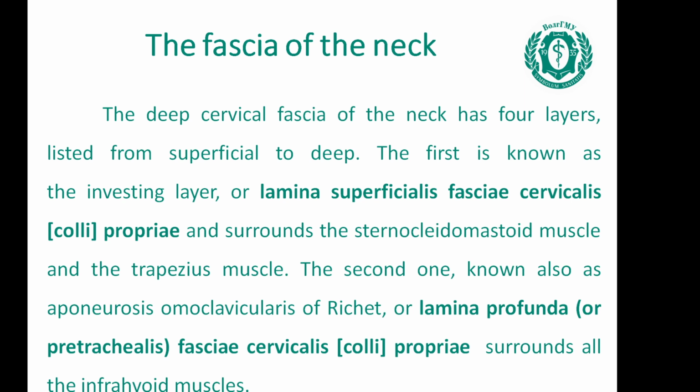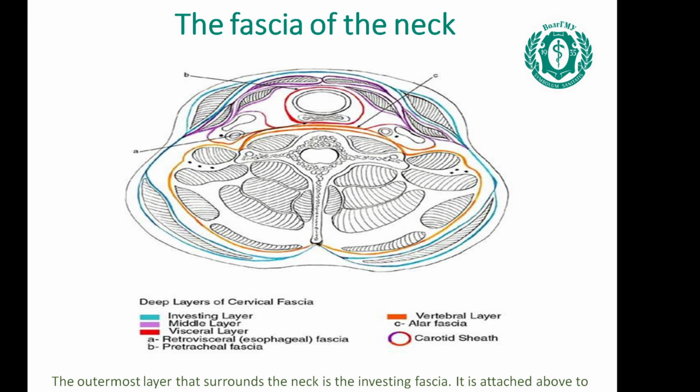Richet is the anatomist who first described this fascia. Or lamina profunda or pretrachealis fasciae colli cervicalis, or colli propria. Surrounds all the infrahyoid muscles. The outermost layer that surrounds the neck is the investing fascia. It is attached above to the mandible and skull base and below to the clavicles and cervical spine.